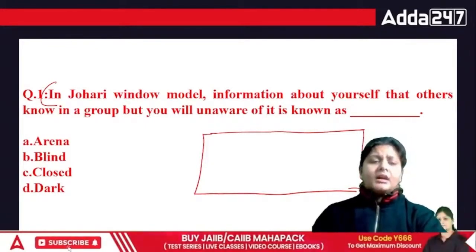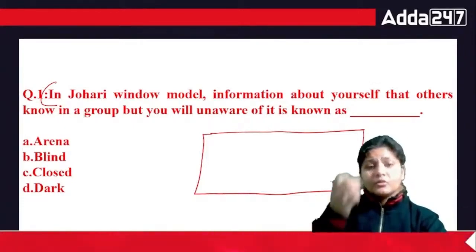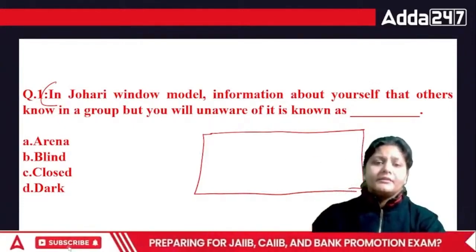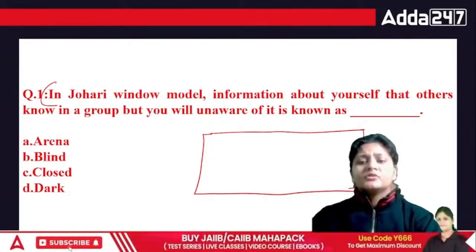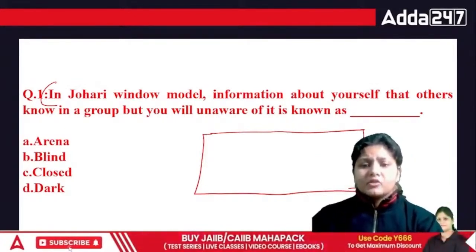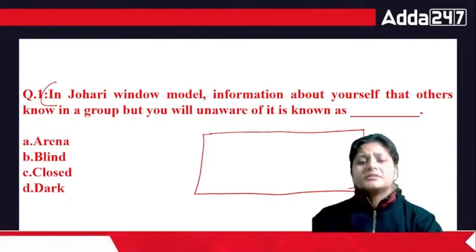In the December exam there was a question asking who has given the Johari window model. The two famous psychologists who gave the Johari window are Joseph Luft and Harrington Ingham.